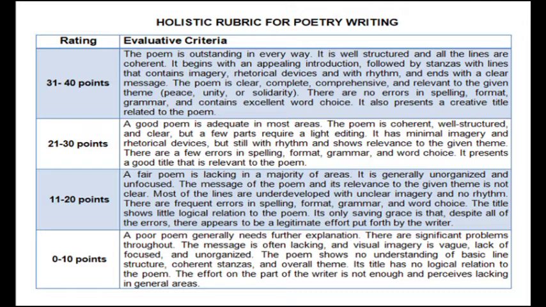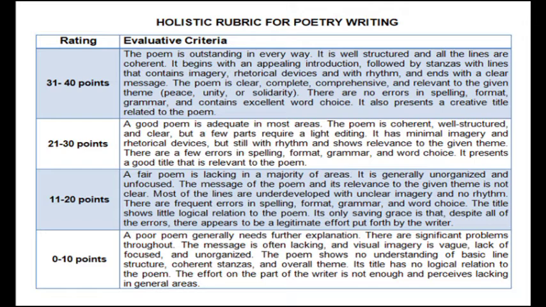The poem is clear, complete, comprehensive, and relevant to the given theme, such as peace, unity, or solidarity. There are no errors in spelling, format, grammar, and it contains excellent word choice. It also presents a creative title related to the poem. That is equivalent to 31 to 40 points.